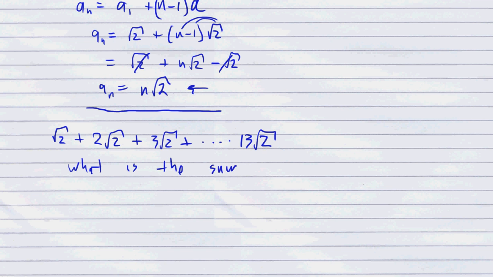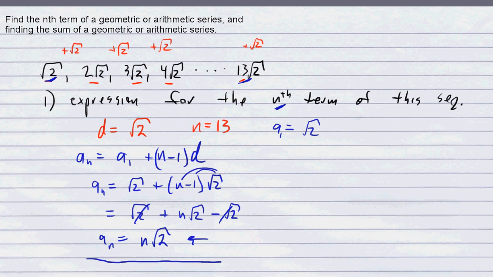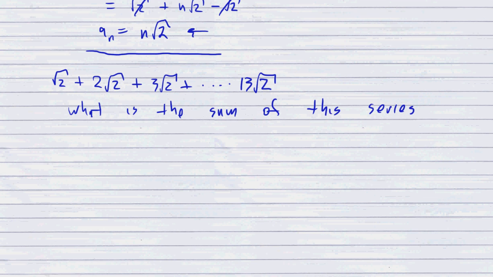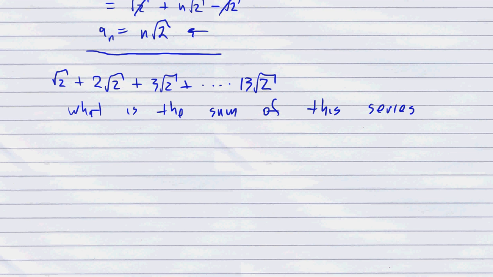Notice that what we first wrote down, just the terms with the commas between them, that's the sequence. If we take those terms and write them as a sum, that's what we call a series.